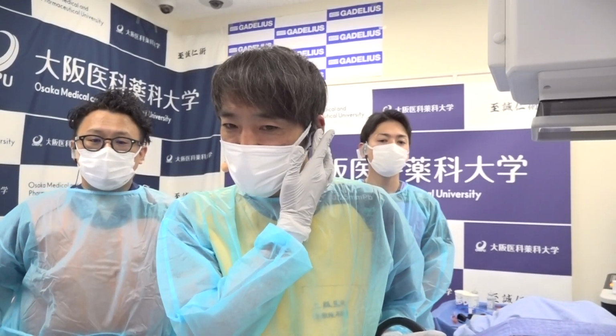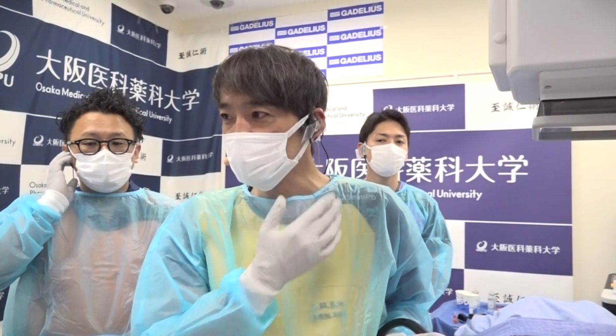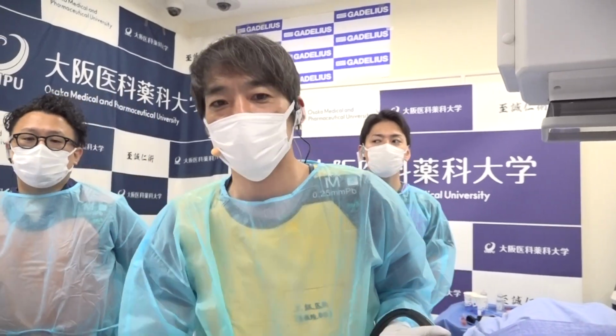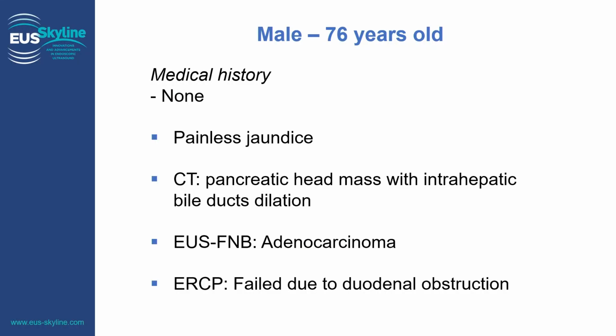So can we have your case presentation? Okay, please show my slide. This patient was complicated with obstructive jaundice, 76 years old male. According to CT image, a pancreatic head tumor was observed. Also, the biliary tract was dilated.